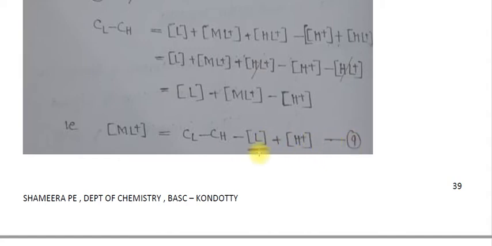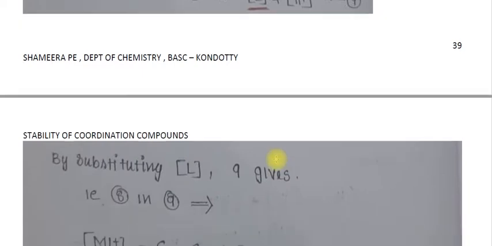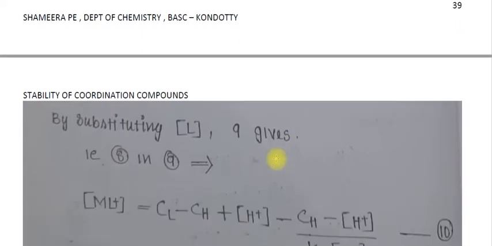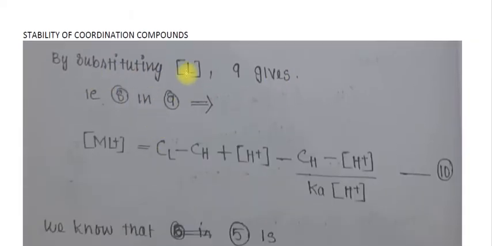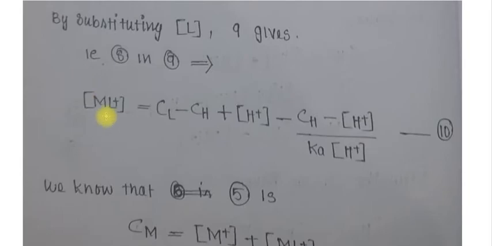And we also find out the equation for concentration of L, and that is substituted here. By substituting the equation for L, equation 8, in 9, it will give concentration of Ml plus.